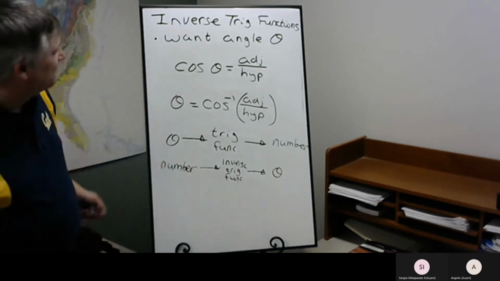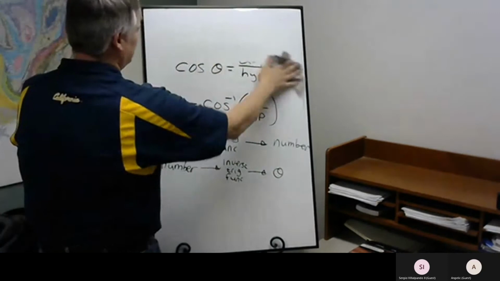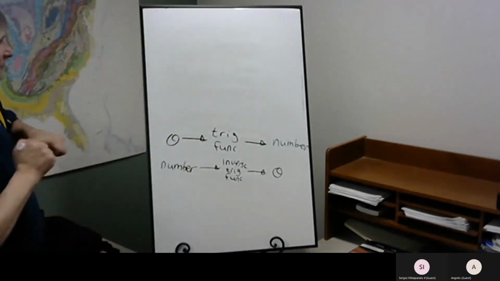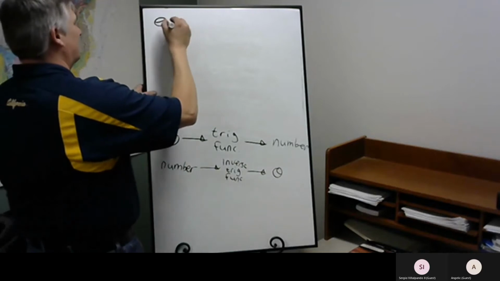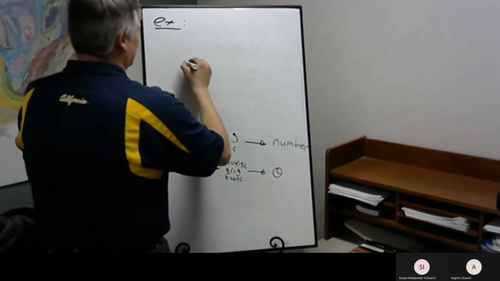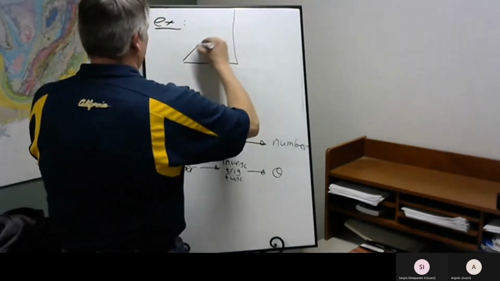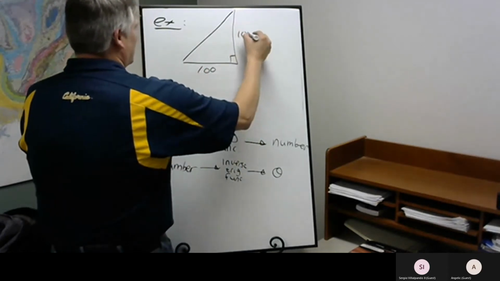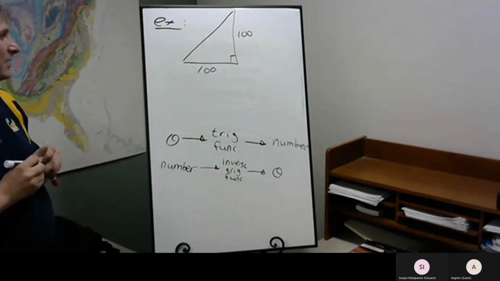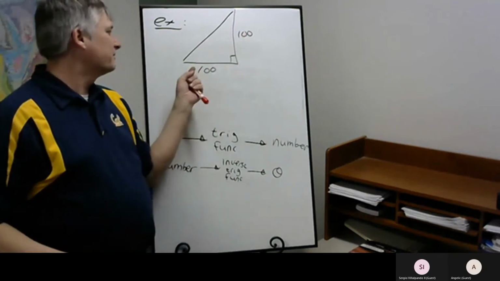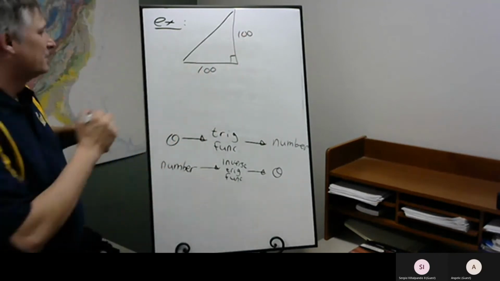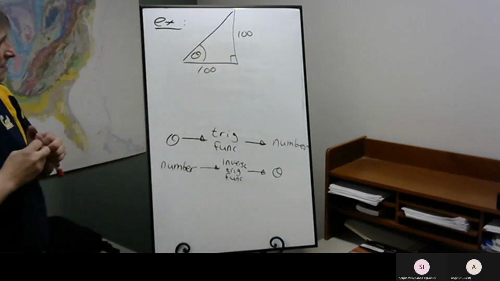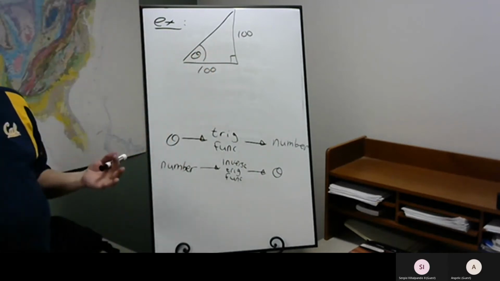So for example, let's go back to that tree example where we have a tree of a height 100 and a distance from the base of 100. This is our angle theta. Again, we want to know the sides of our triangle.